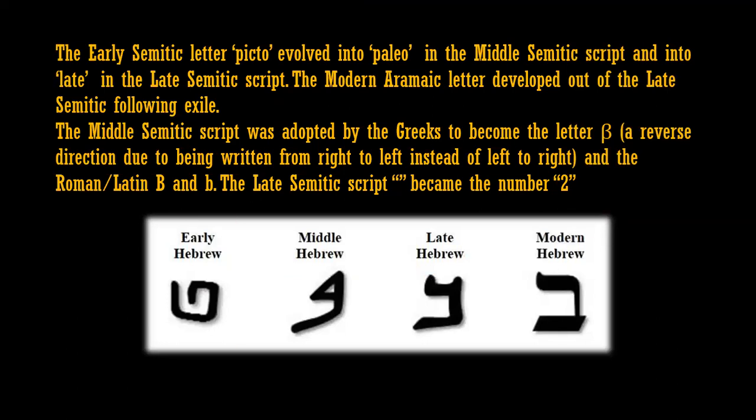So the early Semitic letter, or the pictograph of the Bat, evolved into the middle script, the Paleo-Phoenician or Paleo-Semitic script, then into the late Abryth script, and finally the modern Aramaic letter.